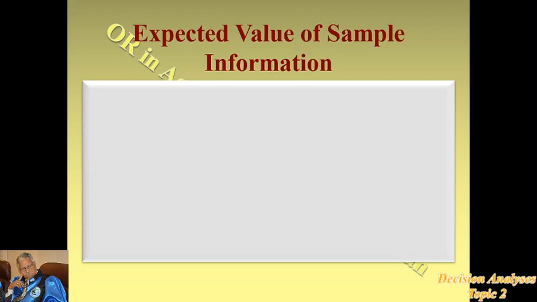In our previous lecture, topic number 1, we understood how we can calculate the expected value of perfect information, and we identified this perfect information as the information which will transfer the decision maker from being in the risk environmental condition with probabilities to being in a certain environmental condition.